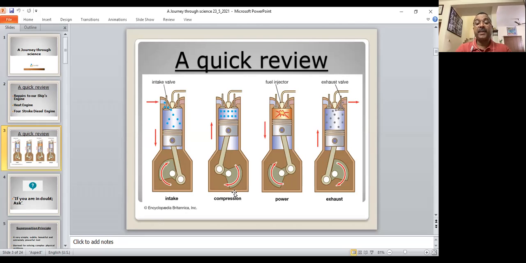So when we inject diesel through the fuel injector, it will automatically burn and push the piston downwards. This is what we call the power stroke. Now the piston is at the bottom dead center, and we have combustion debris.